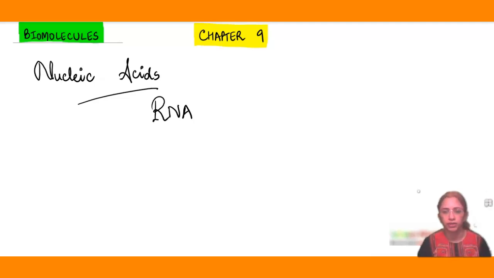The other nucleic acid which we have to study as a part of this chapter is ribonucleic acid. Now when the world formed long way back, many years back, RNA was the nucleic acid. So RNA is primitive in nature in comparison to DNA.